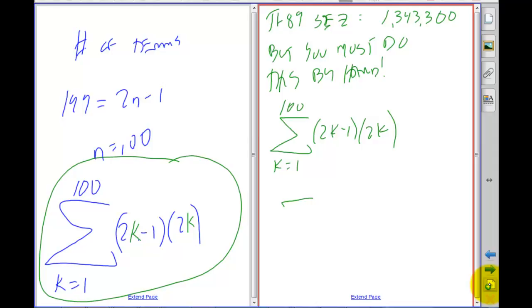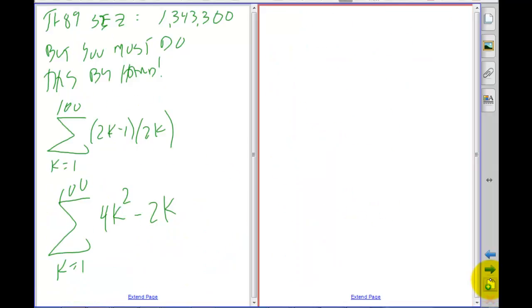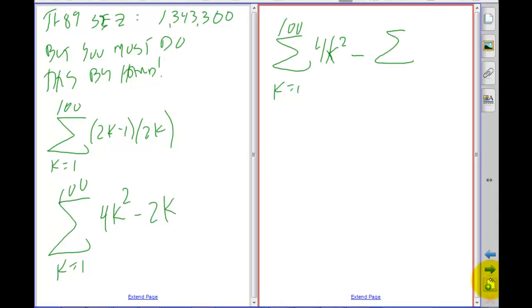So you've got the summation from k equals 1 to 100 of 4k squared minus 2k. So it's the summation from k equals 1 to 100 of 4k squared minus the summation from k equals 1 to 100 of 2k. So we distributed over subtraction.